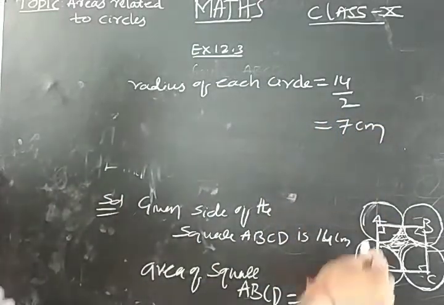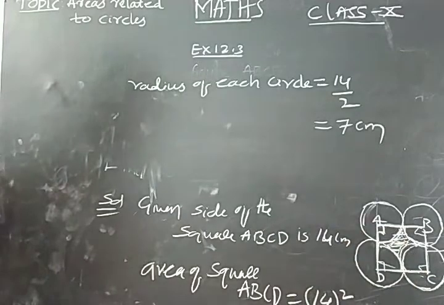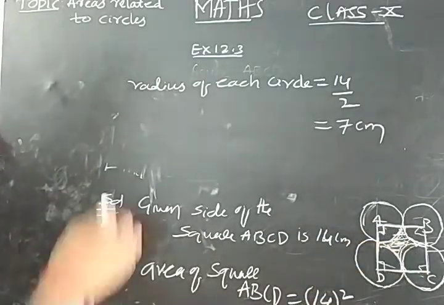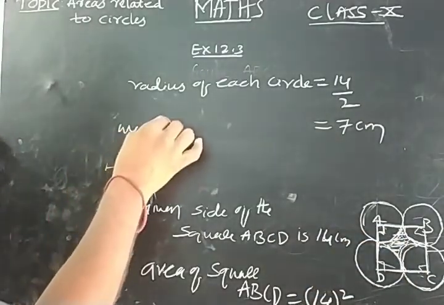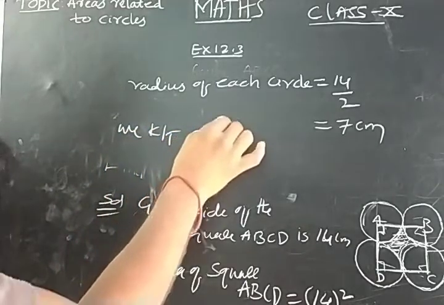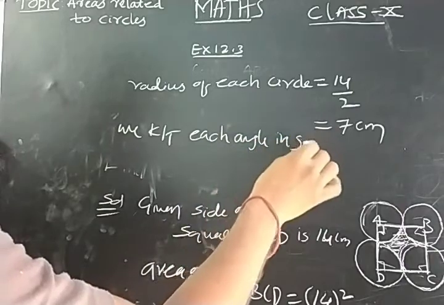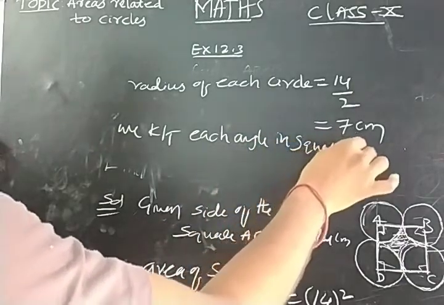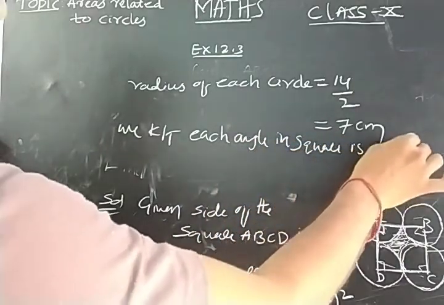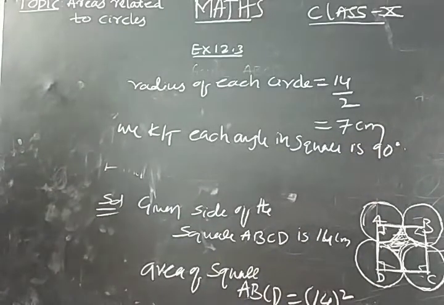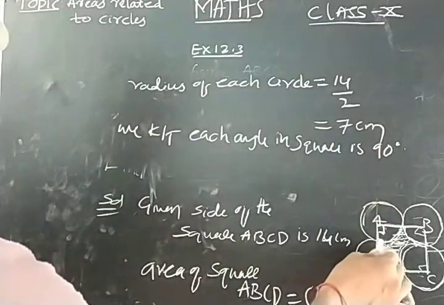Right? Now I am going to find the angle at the corner of the square. We know that each angle in a square is 90 degrees.